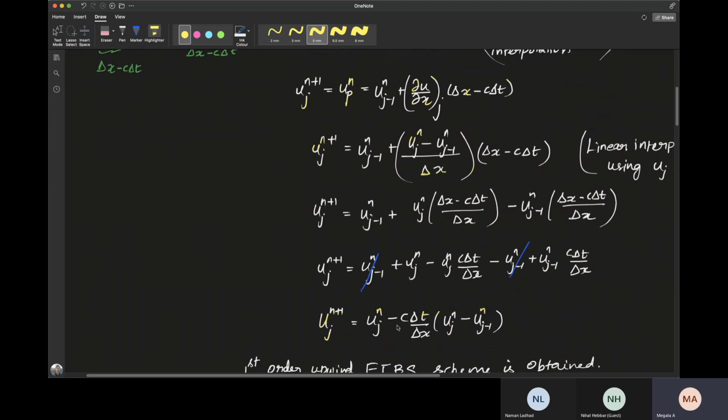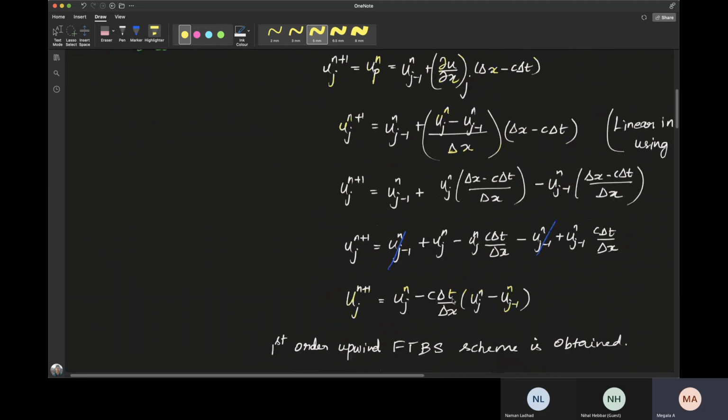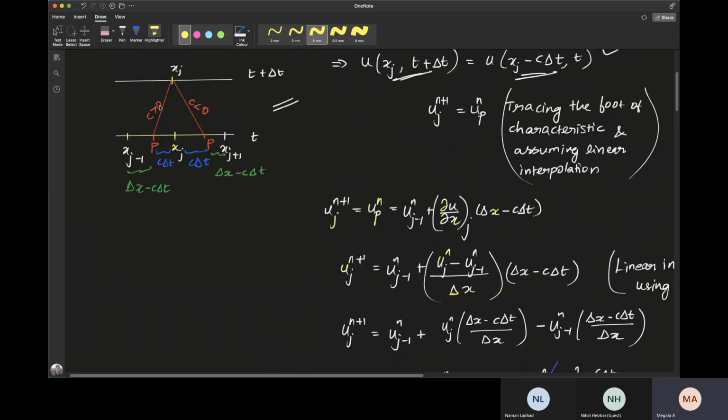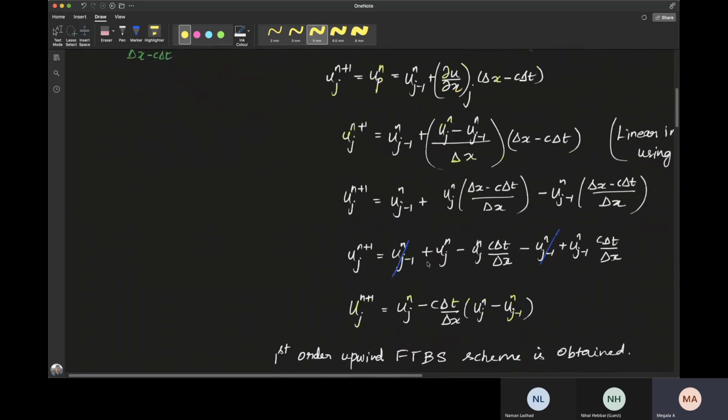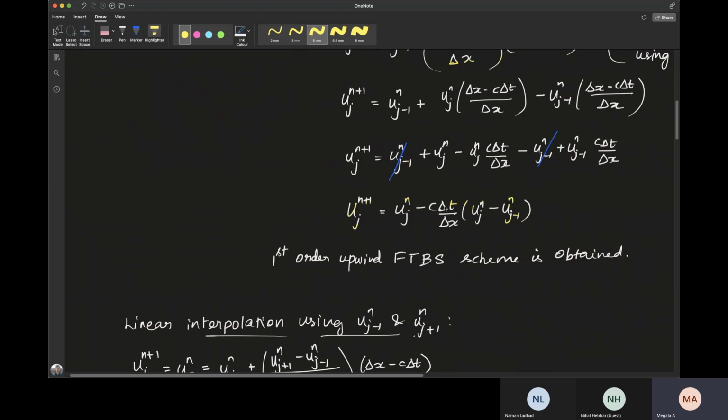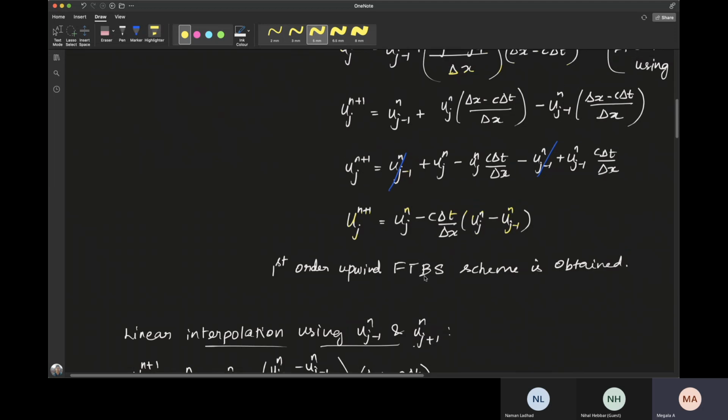So this is essentially forward in time and backward in space. Since we started with c greater than 0, and when c is positive we said the FTBS scheme is the first order stable upwind scheme, here again, being inspired from the exact solution and using numerics to approximate up at n, we again get a first order upwind scheme.